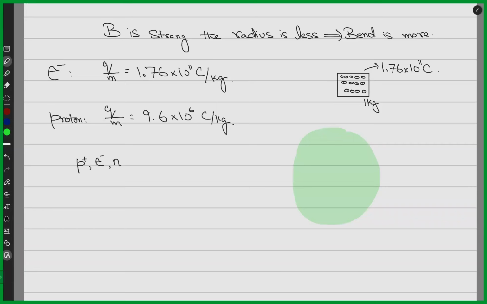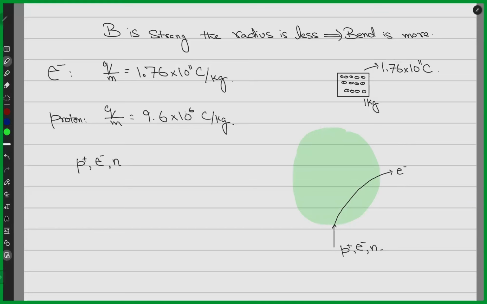If I have this thing, now these could be either a proton, electron, or a neutron. And this is the magnetic field. Suppose I tell you the path of the electron is something like this, right?